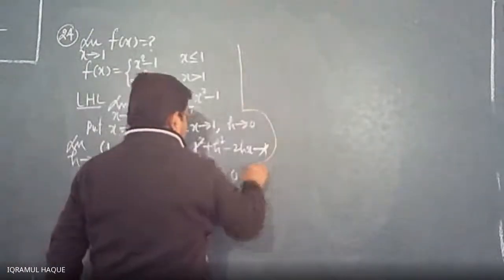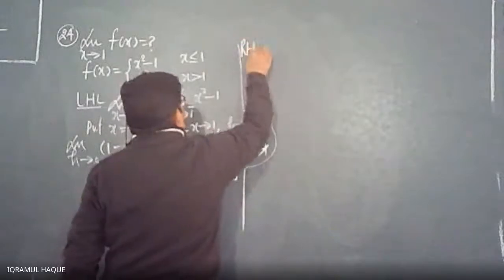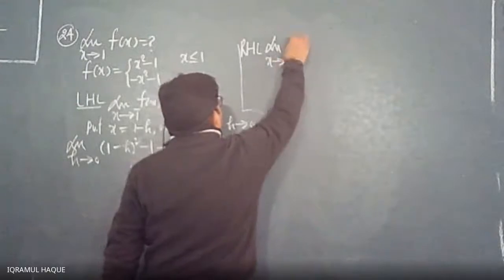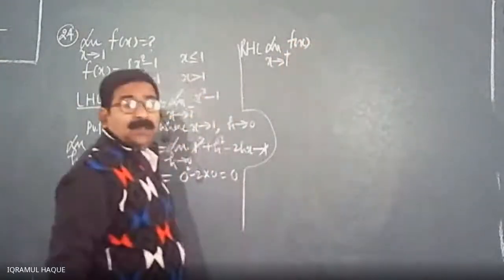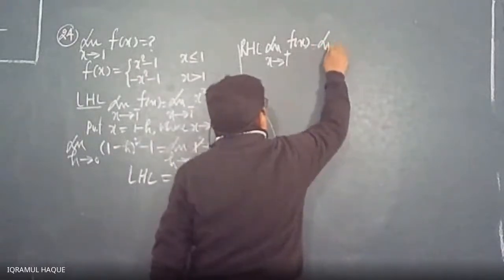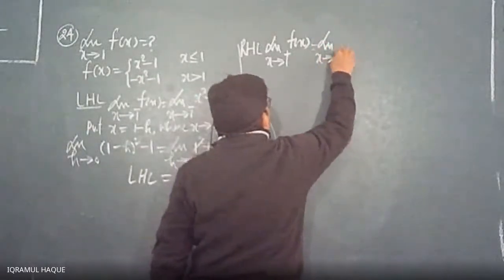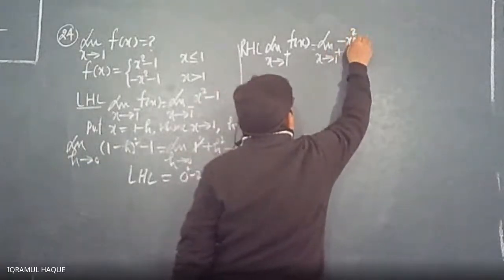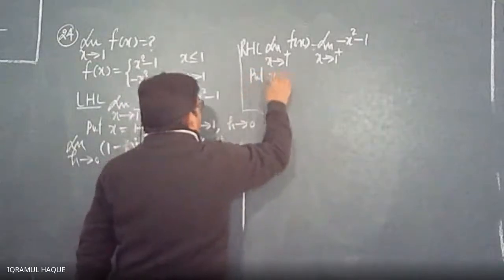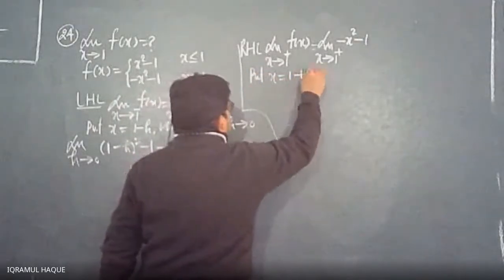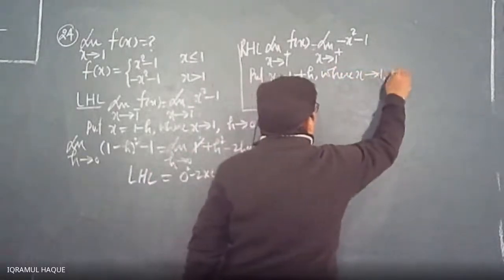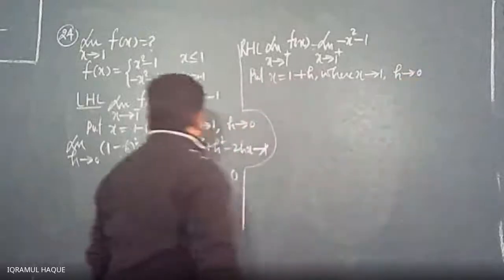Now RHL, limit x tends to 1 plus f(x). Limit x tends to 1 plus f(x) means we can write limit x tends to 1 plus, minus x square minus 1. Now put x is equal to 1 plus h, where x is tending to 1 and h is tending to 0.